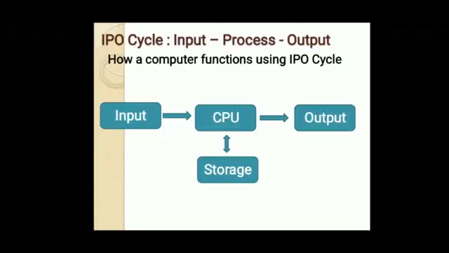What do we do? Users send the data to the computer, using input devices. Where are users going to send the data? To the CPU. Okay, see in the diagram. Users are sending the data using the input devices to the CPU.